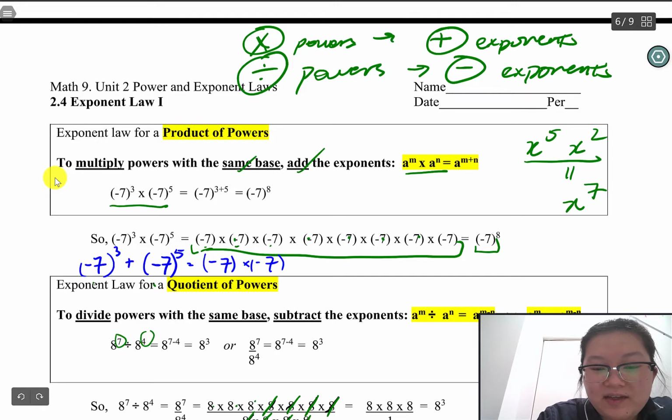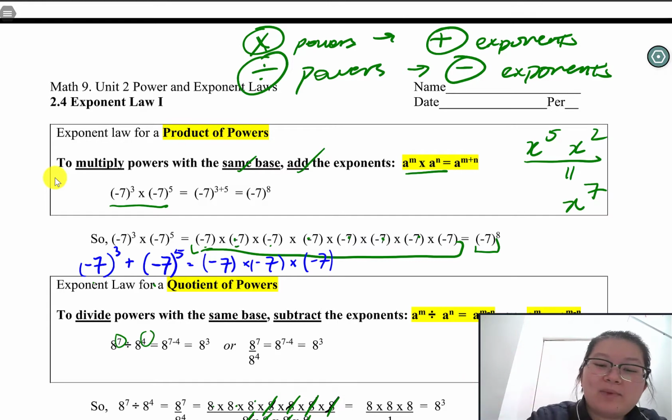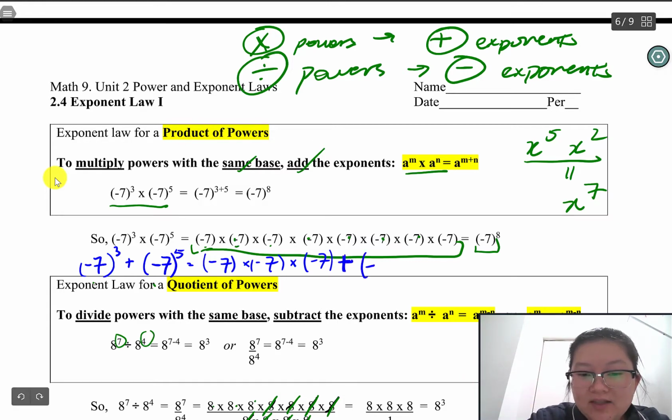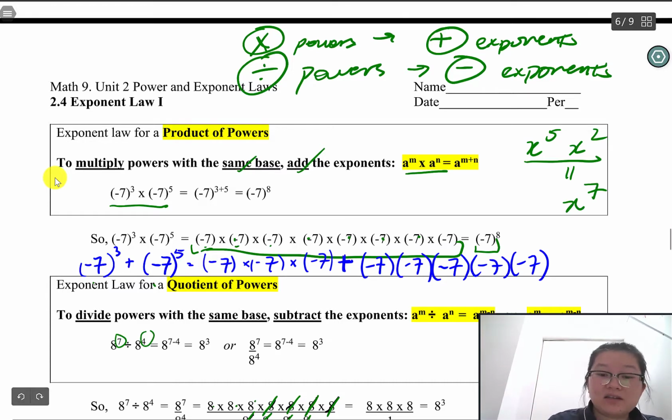So I'm breaking everything down with each individual power, but between the two powers, I'm going to have a plus sign, which means I can no longer add up all of these exponents to give me a total of 8. Because this is broken, like it's been cut in half.